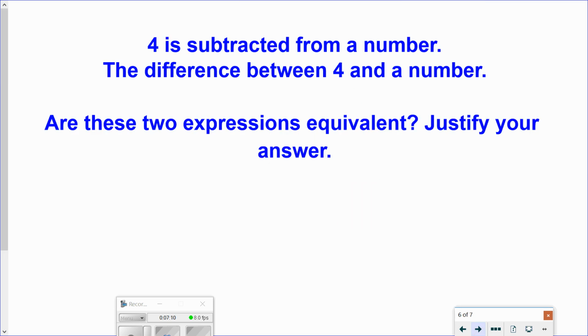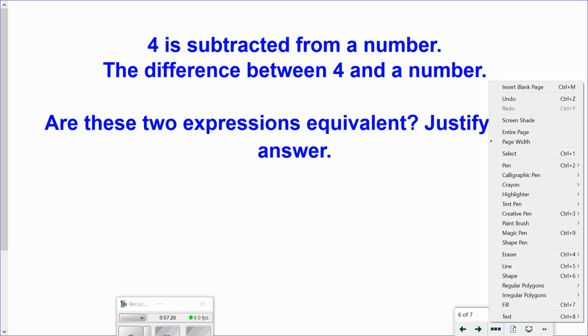Now we have 2 different word problems here. We have 4 is subtracted from a number, and the difference between 4 and a number. So are these 2 expressions equivalent? Justify your answer. So let's look at our keywords. 4 is subtracted from a number.